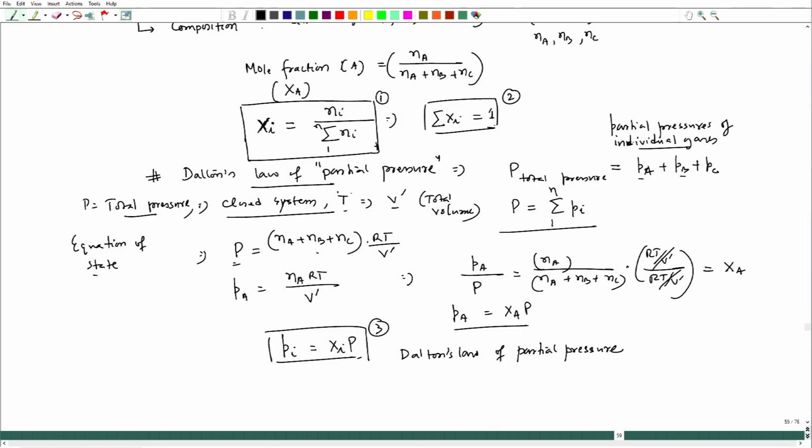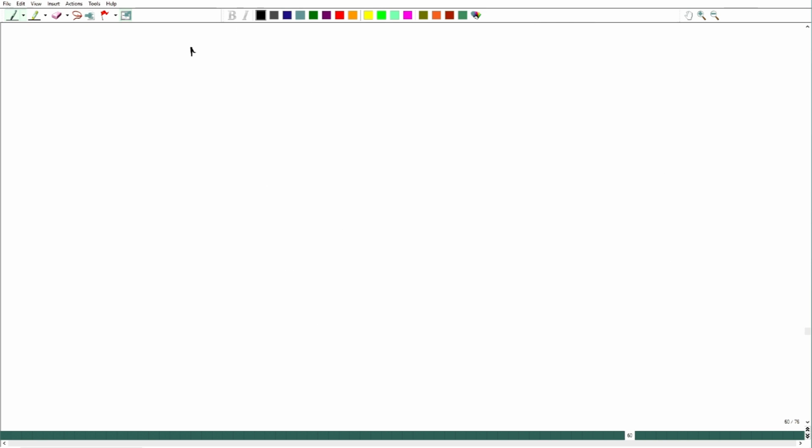Okay. 3 important equations we are getting. Now, let us get into the mixing part. When we talk about mixing of ideal gases, then we should bring in partial molar quantity. Fine.